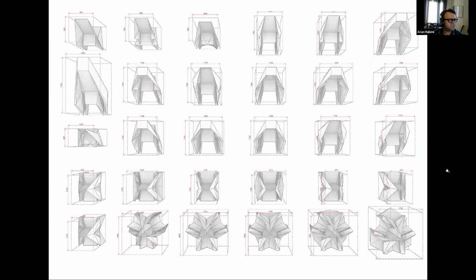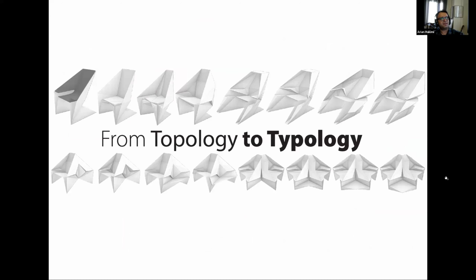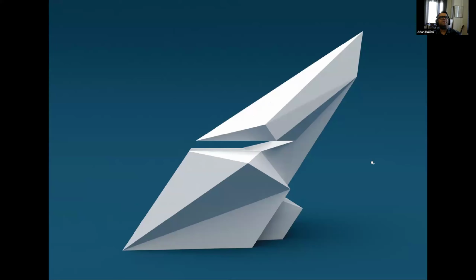And this was back in 2020, when there was no ChatGPT or Midjourney that you would be able to generate such designs. This is a very good example of how, from a very simple topology, it morphs into a different typology of the chair and becomes like this.